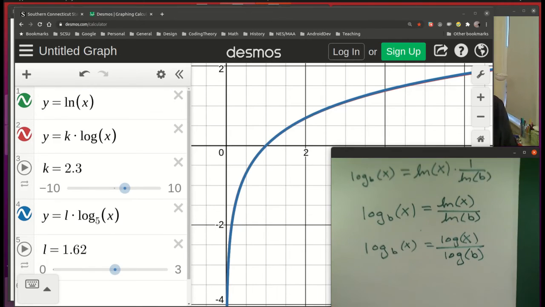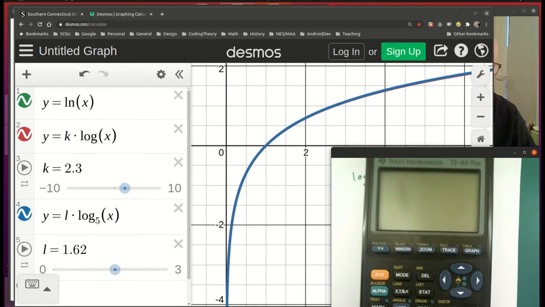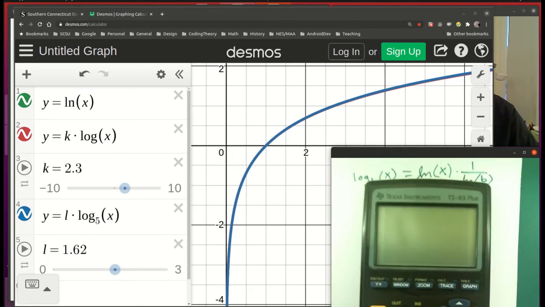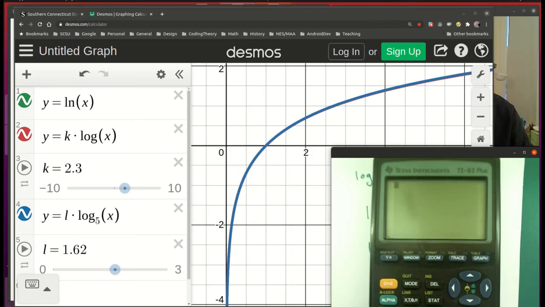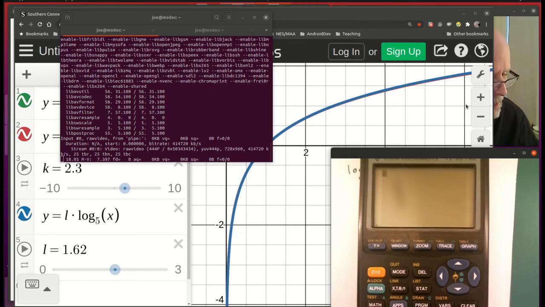Now I'm going to put that in action for you because I think that's somewhat unbelievable at first. Let me just do it for the natural log for a second.